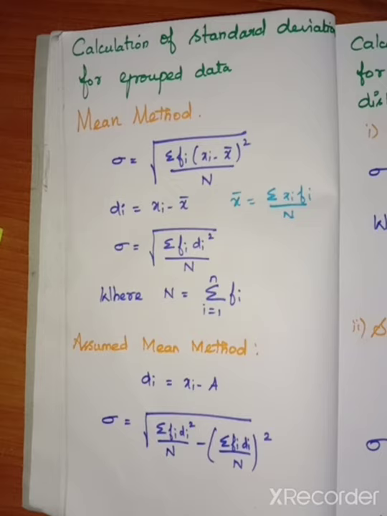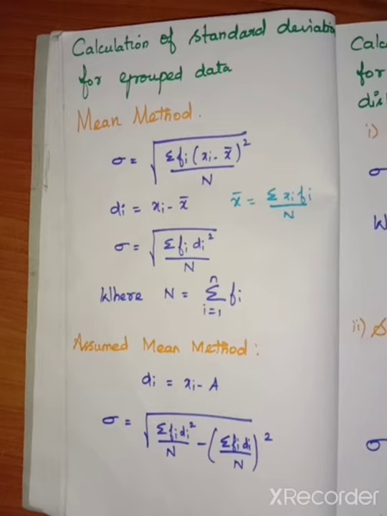See here, sigma equals root of summation fi into xi minus x bar the whole squared divided by n. Here fi is given, that means the frequency values of the corresponding data points in xi.